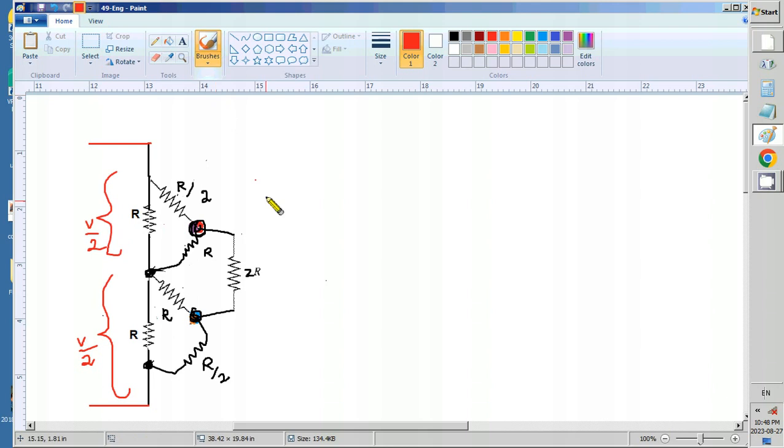So here, can we take this point as half V, this distance from the bottom? Do you think this voltage is half V?